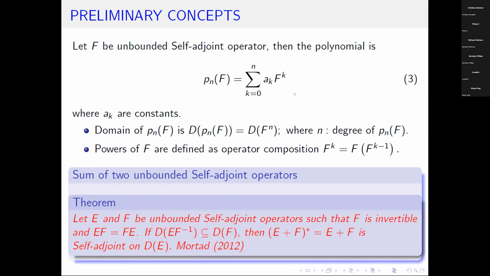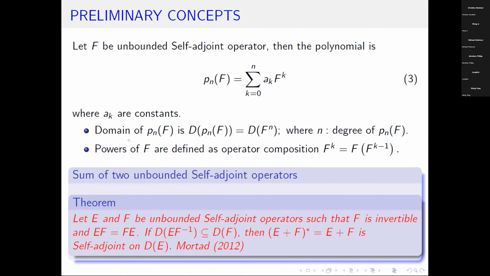And F^k are powers of this unbounded self-adjoint operator. By definition, the domain of this polynomial is the domain of the highest power, which is the smallest domain among all the powers, when the degree of the polynomial is n.